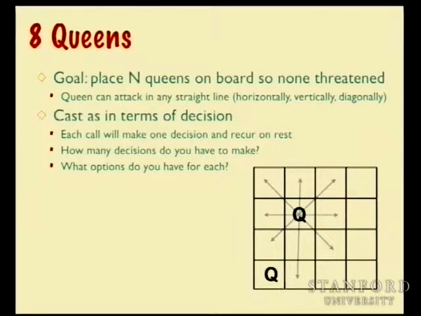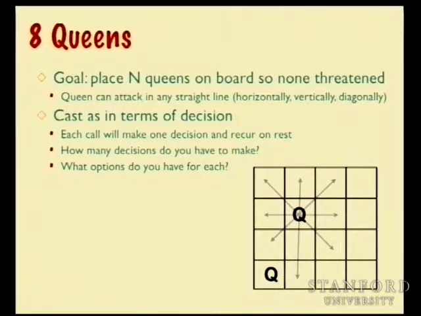It certainly can't be that there are 2 in one column, so we could do the problem column by column. The first thing we'll do is place a queen in the leftmost column. The next call will place a queen in the column to the right of that, and so on. So we'll work our way across the board from left to right, and then the choices for that queen will be any of the rows.